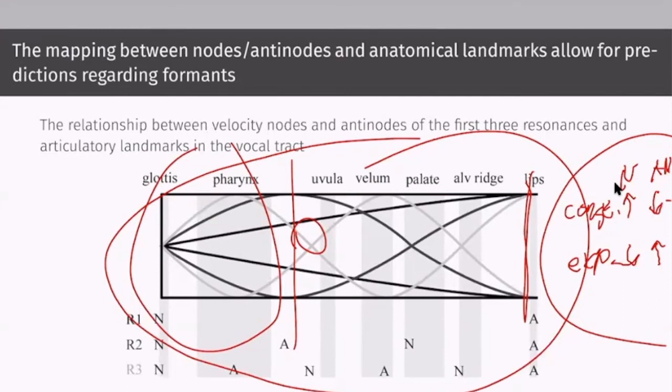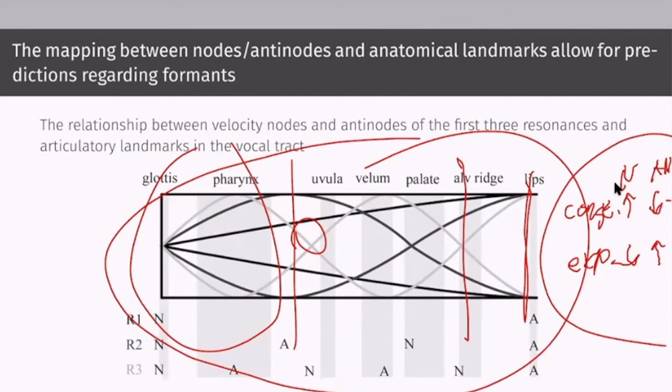And the speaker moves on up towards the alveolar ridge and makes a constriction right here. Let's say I'm above the harmonic.